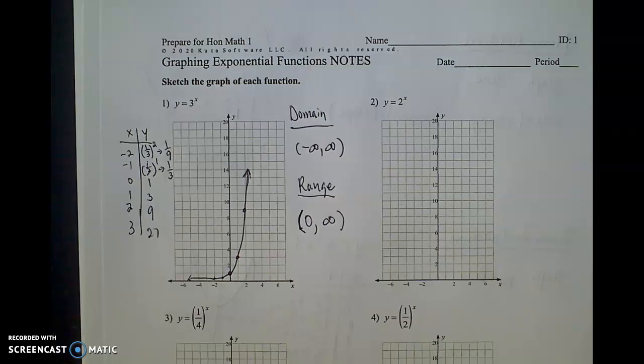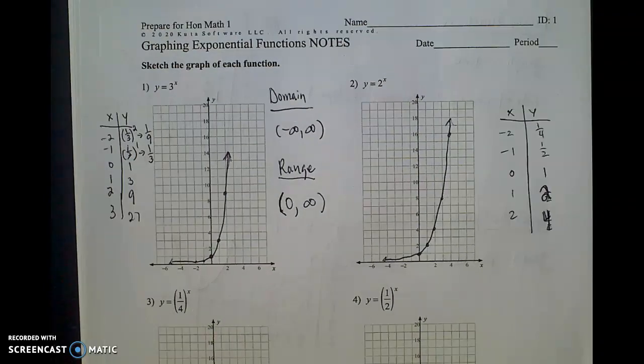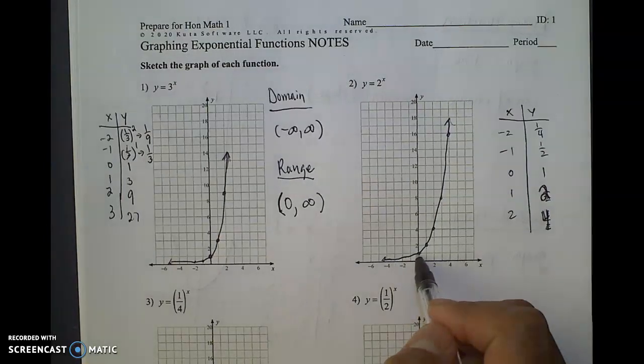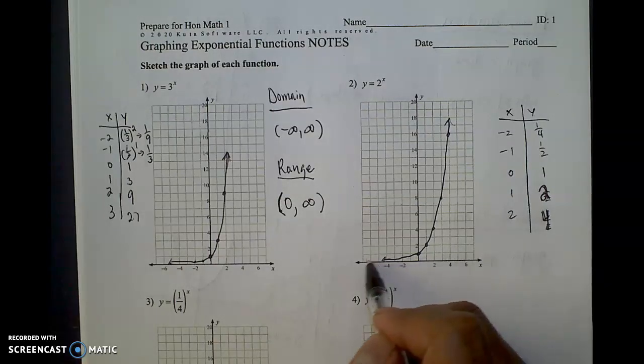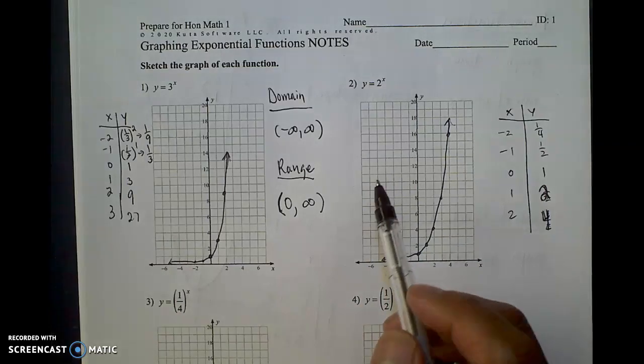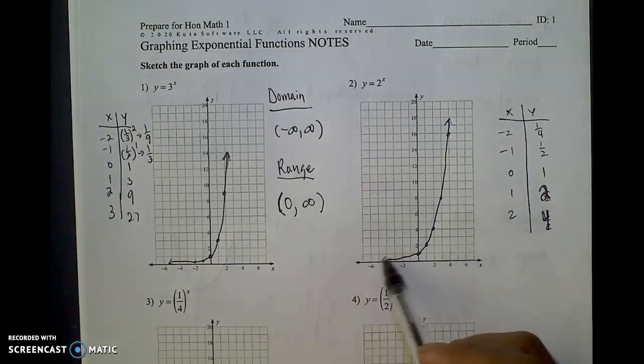Alright, I want you to go ahead and try number 2. Okay, so you can see here with number 2 that it looks very similar to number 1. Again, here off to the left, you have this part of the curve getting really, really close to the x-axis. Again, in terms of the range, it is approaching, or getting closer and closer to 0.